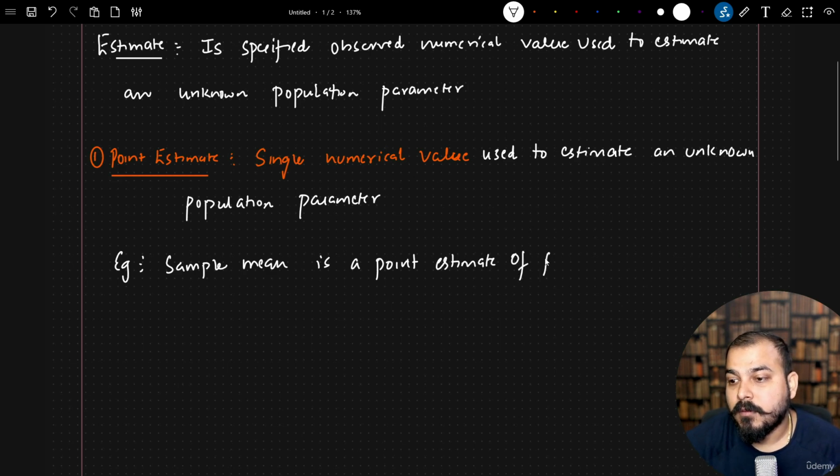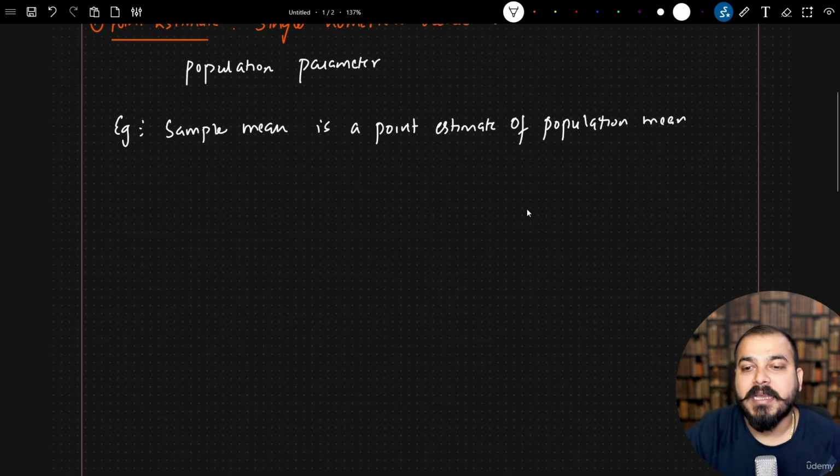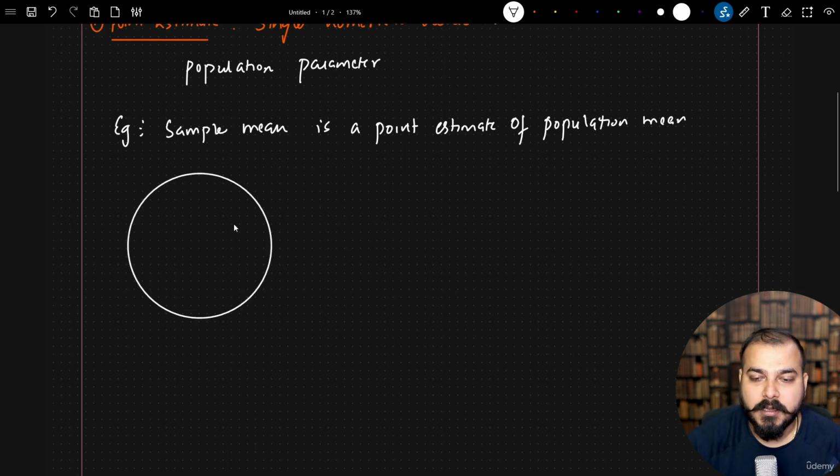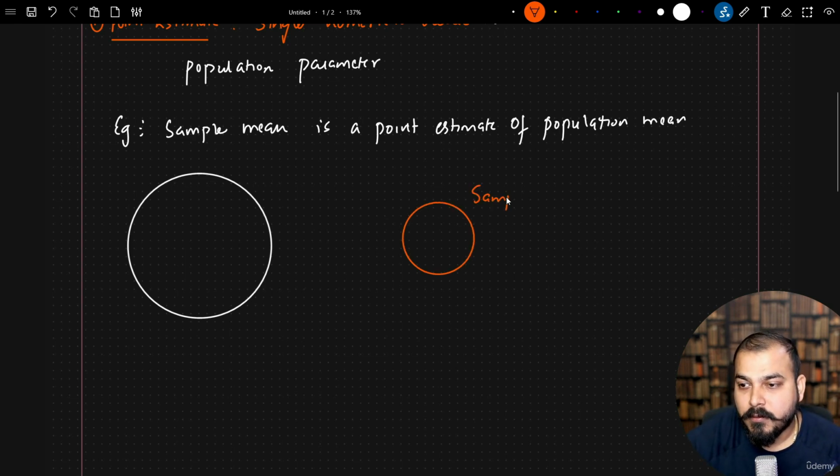Let's say this is my population, and if I consider sample data out of it, this is the sample and this is the population.